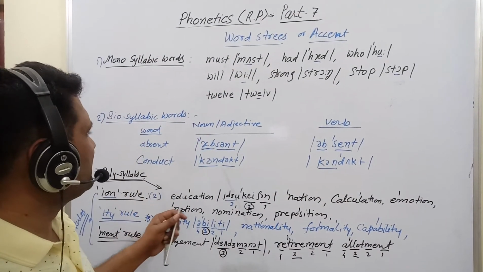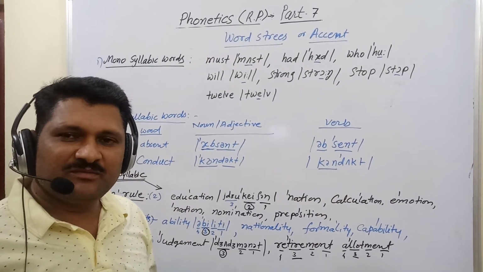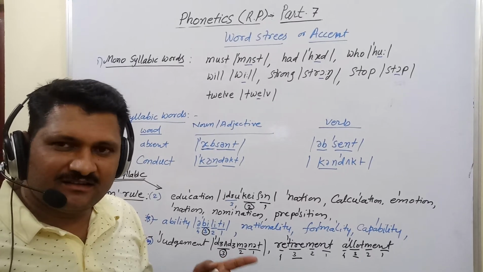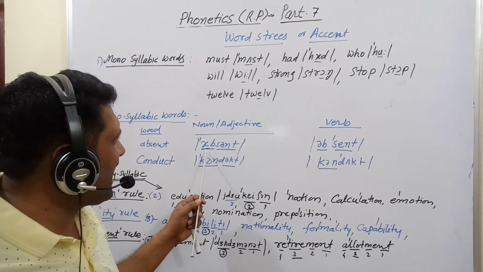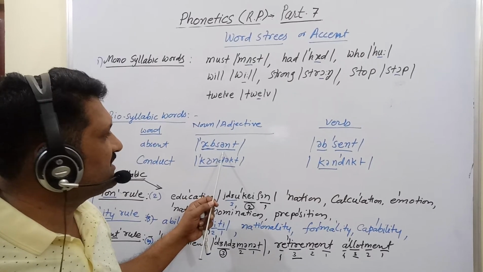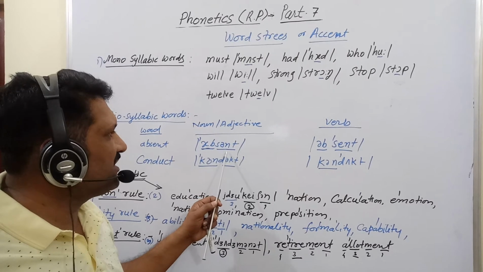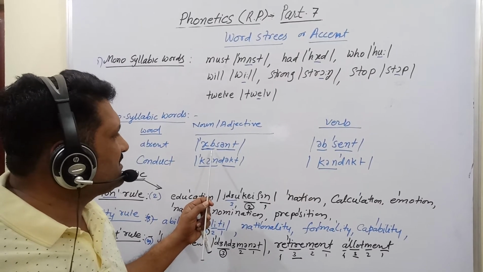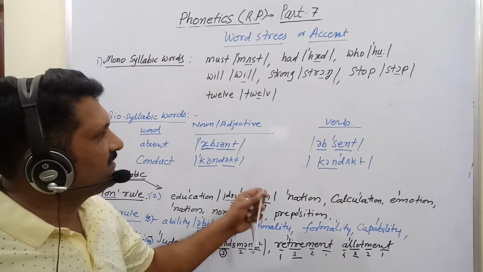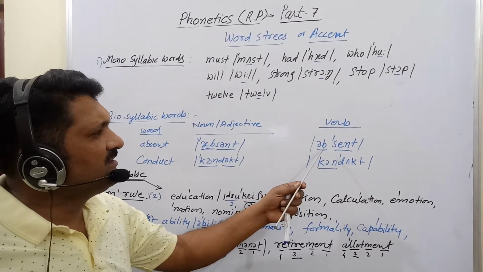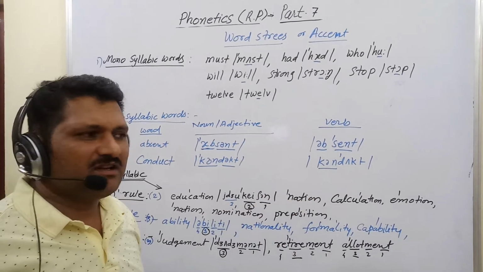Here the word is absent. When stress is given, that syllable becomes very strong and the other syllable automatically becomes weak. Here are two syllables, ab and sent. Here ab becomes strong and sent becomes weak, and this word is pronounced like absent. The same word bears the stress mark on the second syllable here.